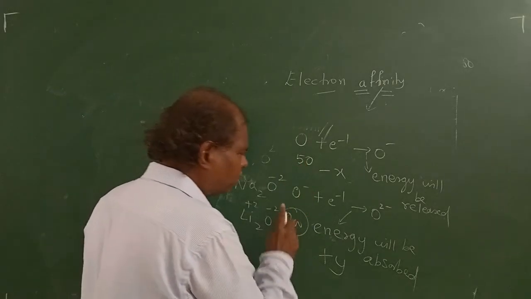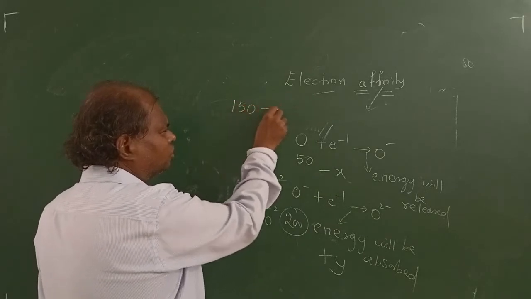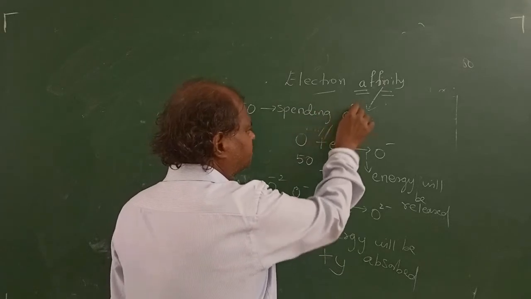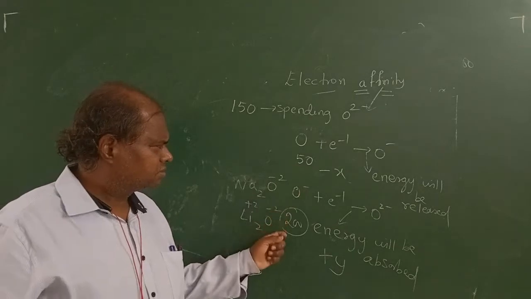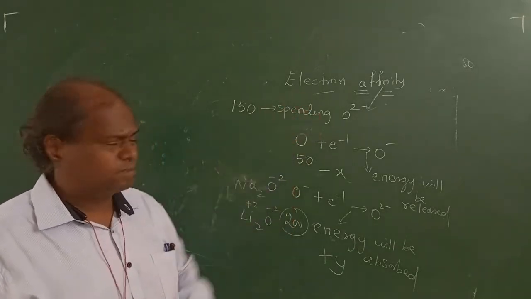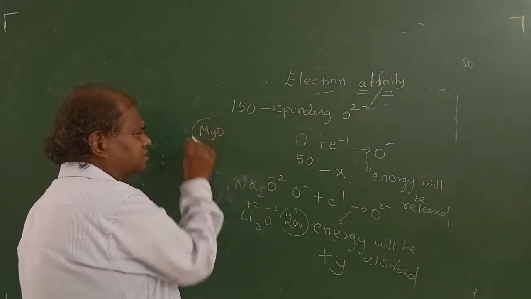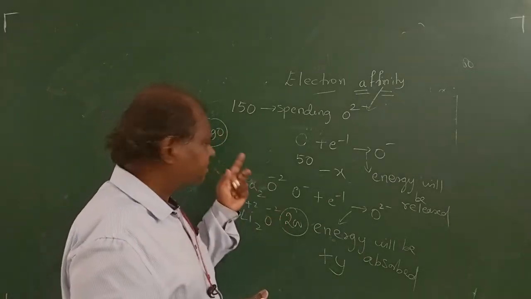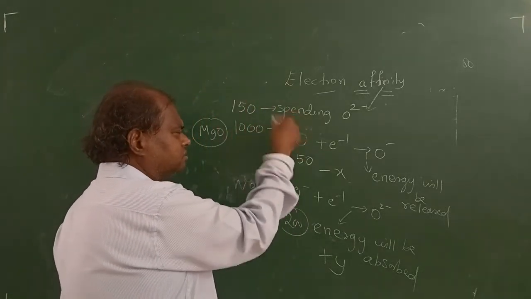I told 50, I told 200, so 150 you are spending on forming this oxide ion. 50 comes out, you are spending 200, so 150 is what you are spending on O2 minus. But when magnesium combines with oxygen to form magnesium oxide, they are so much attracted that maybe 1000 joules of energy will come out. This energy is released.